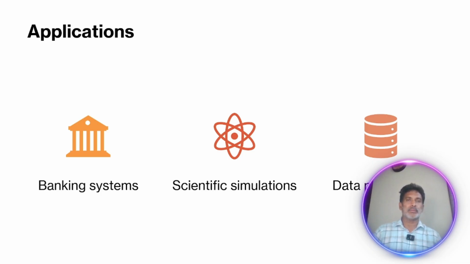Next one is simulation. These are mainly used in scientific and engineering simulations, to coordinate multiple threads working on different parts of a model, so that the results are accurate and consistent. This is very important in weather prediction and physics simulations, etc.